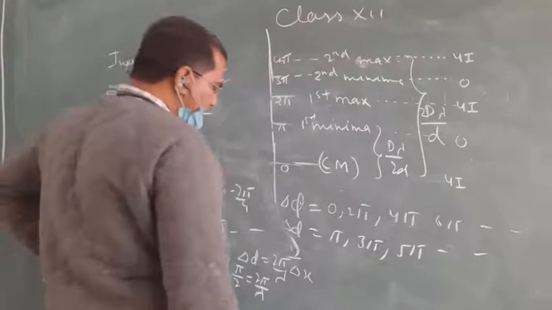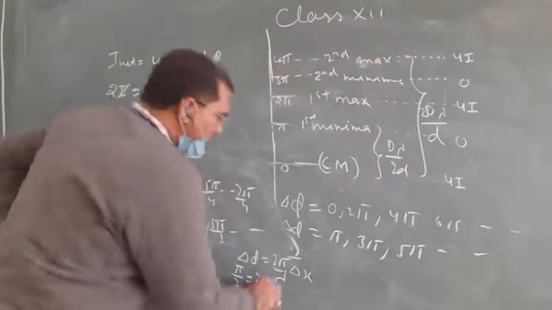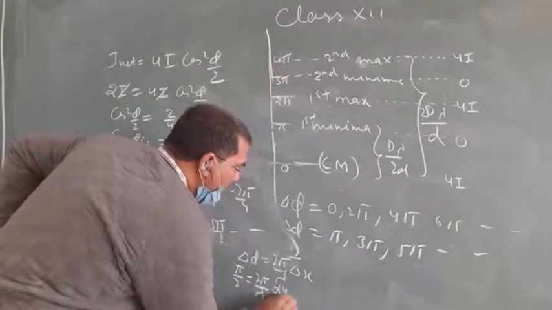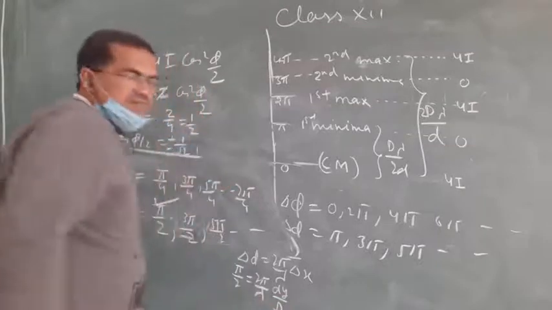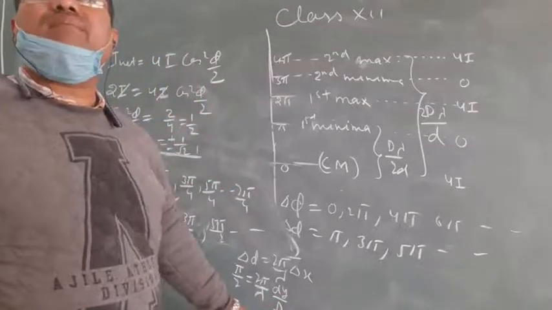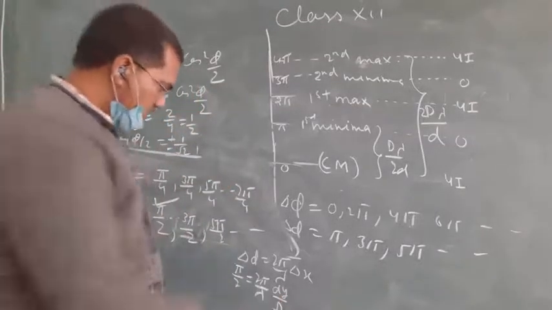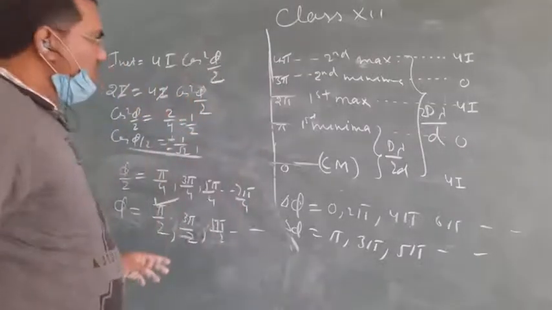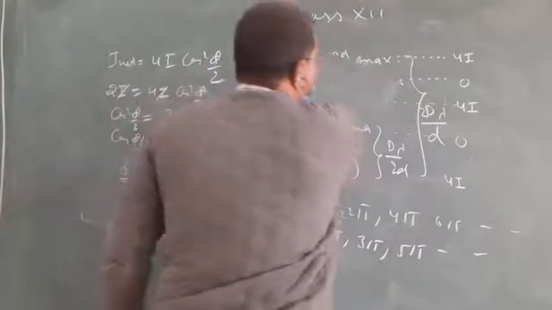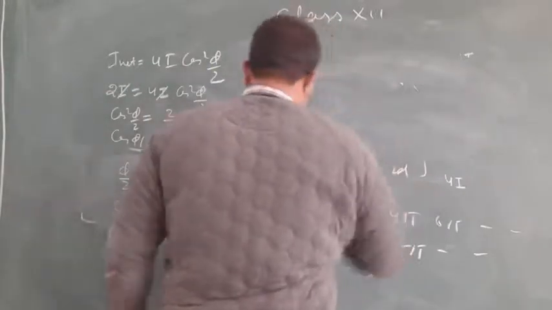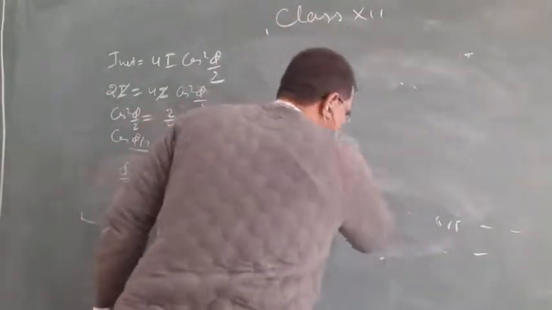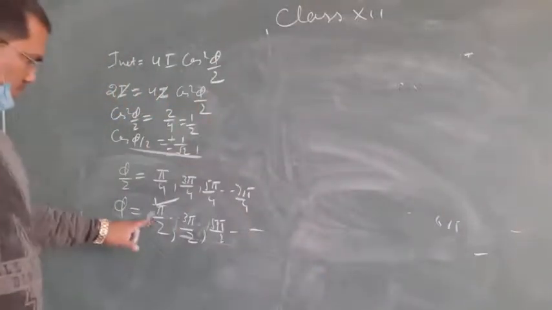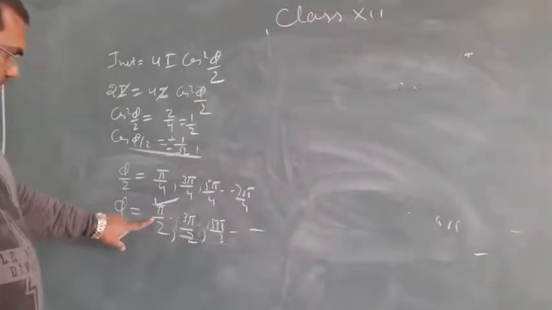So path difference is y d by capital D. We have already discussed this formula. Pi by 2 is our solution.